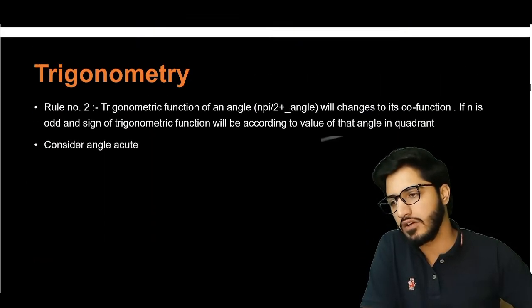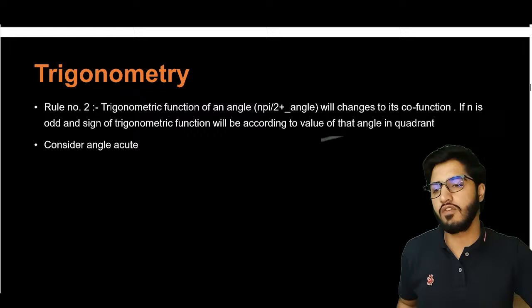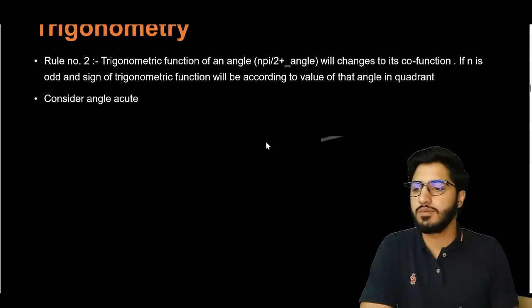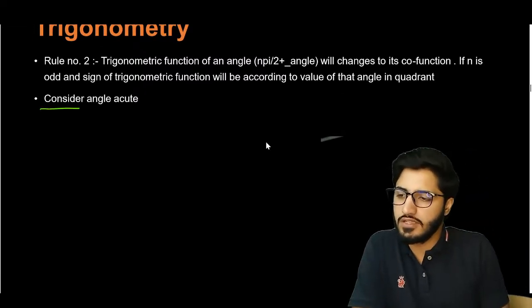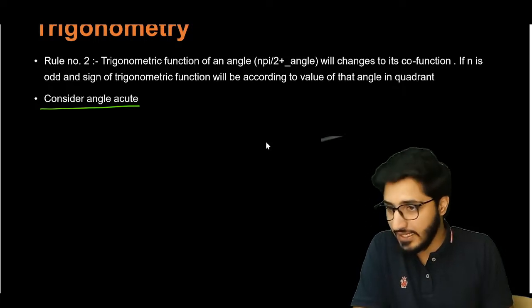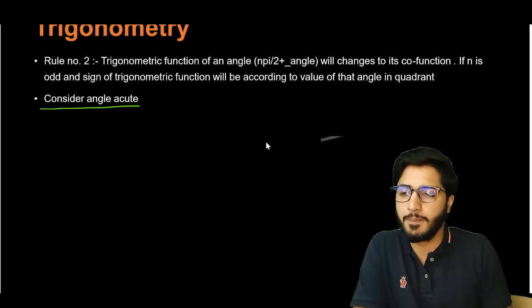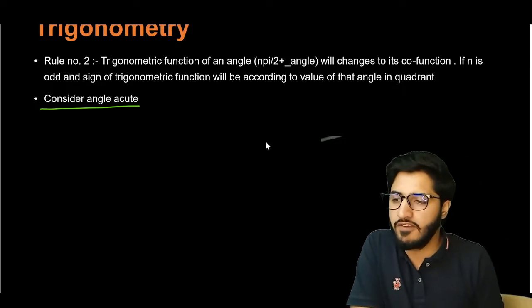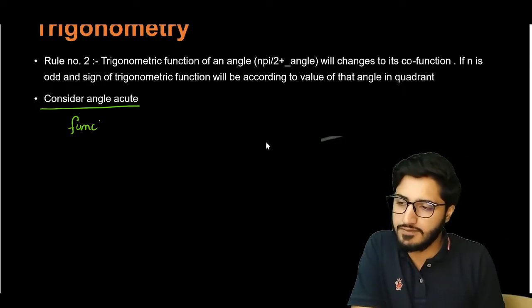We have a second rule for the trigonometric function of any angle. Here too, the angle should be less than 90 degrees, an acute angle.